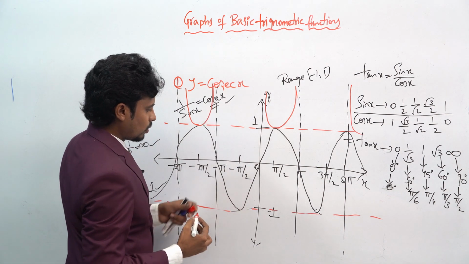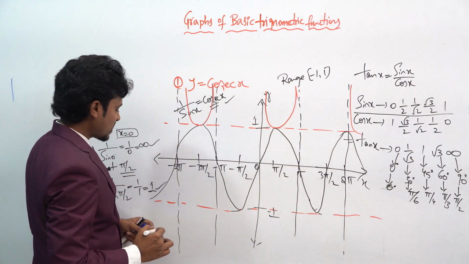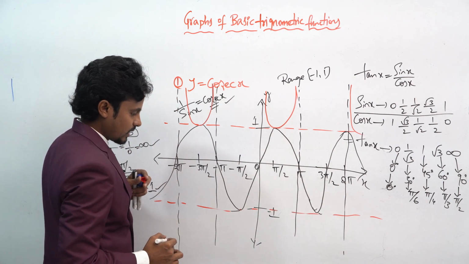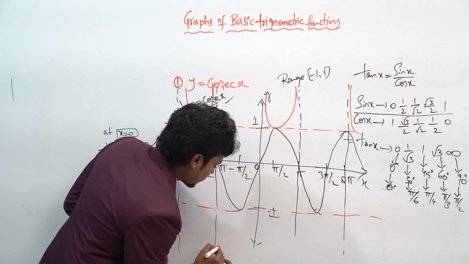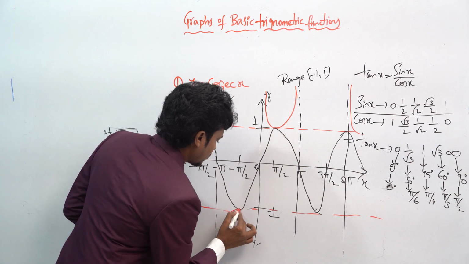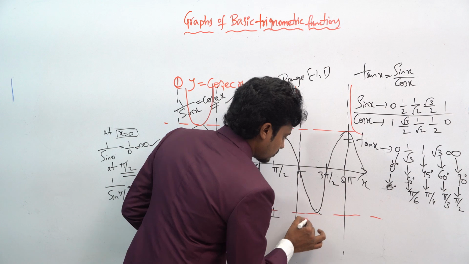Okay, now at minus pi by 2, what will you get? You will get minus 1. Here this will become minus infinity, right? From minus infinity it will come to minus 1. Here also.